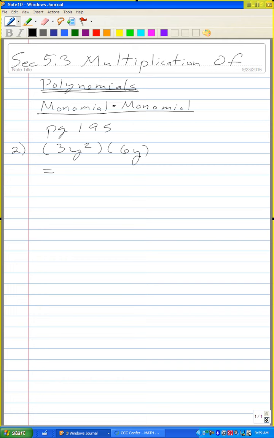And this is just the same as we did in the previous section. Multiply constant times constant. 3 times 6, 18. Y squared times y to the first. Since you're multiplying and you have the same base, keep the base and add exponents. 2 plus 1 is 3. And that is your answer.